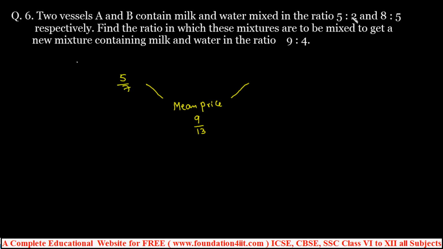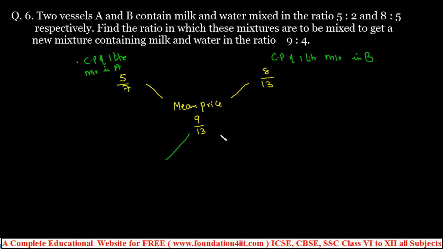One more is 8:5, so 8 by 8 plus 5 is 13. Okay, I can take it directly, I'm also writing it here. Let us assume this is the cost price of 1 liter mix in A, and this is the cost price of 1 liter mixture in B. Okay, let me take it this way.